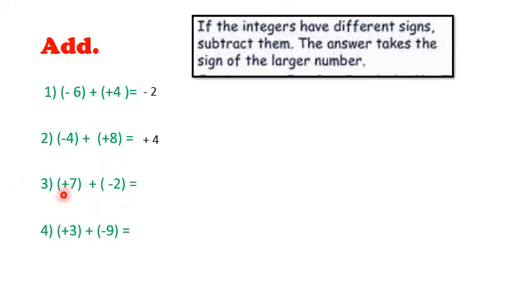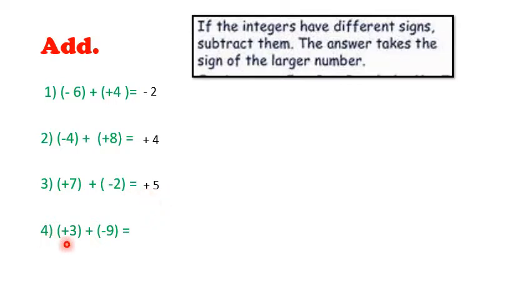That means I'll take the sign of 7. So I'll take the positive sign. So the answer will be positive 5, because 7 is the larger number.